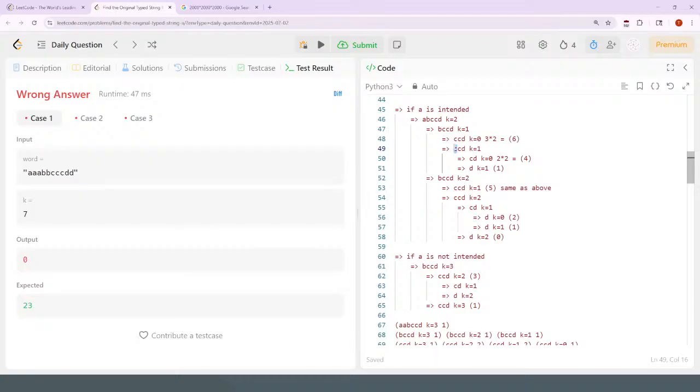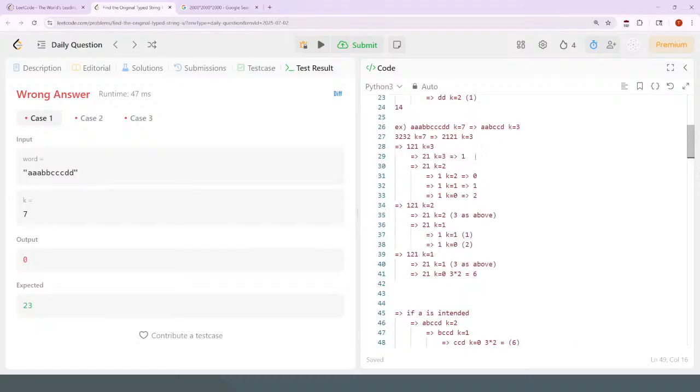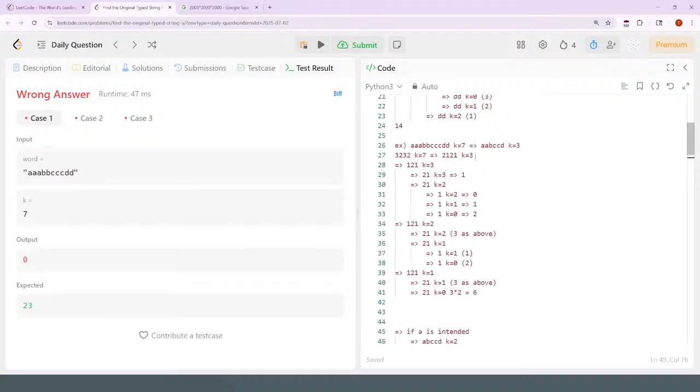So if that C is needed, then I'm left with, ooh. Yeah, I don't know if I can break these buckets of this. 2, 1, k equals 1.